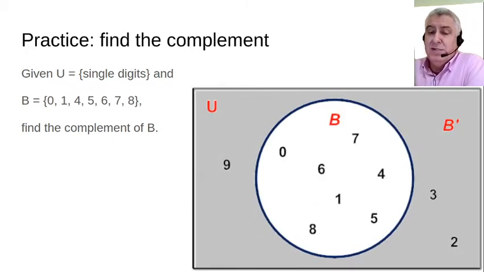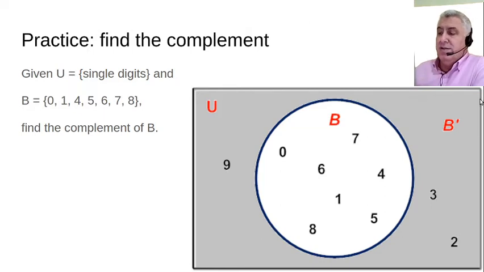So we put all of the digits on, and some of them are inside B, and some of them are outside B. So I want you to go ahead and tell me what the complement of B is, and remember that the complement of B, we write it like this, not B or B not. Okay, so go ahead and try that in the notes.